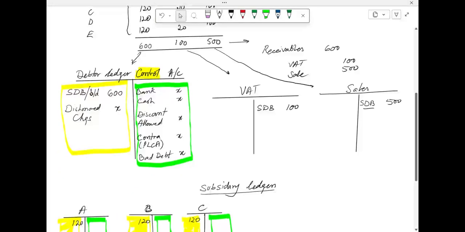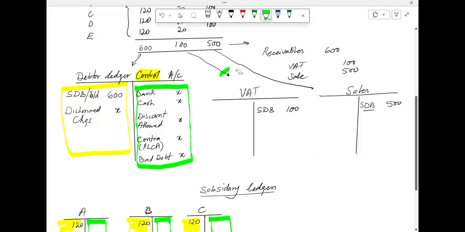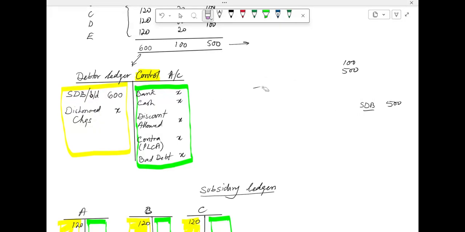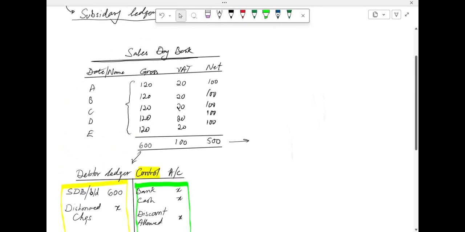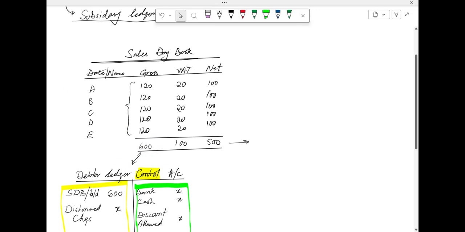Right. Now I'm going to erase this part, because I'm going to write down the creditor ledger control account. And as I said, the creditor ledger control account is prepared after we have entered all the figures in the purchase day book.